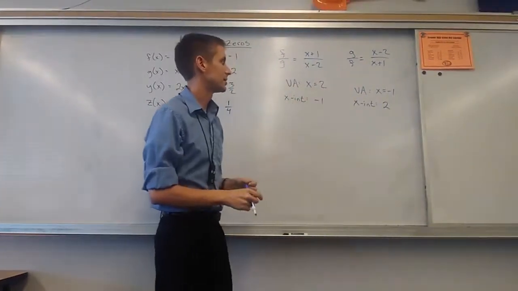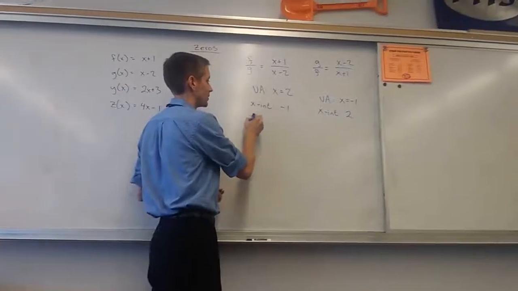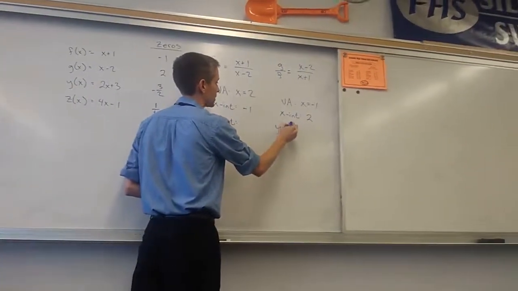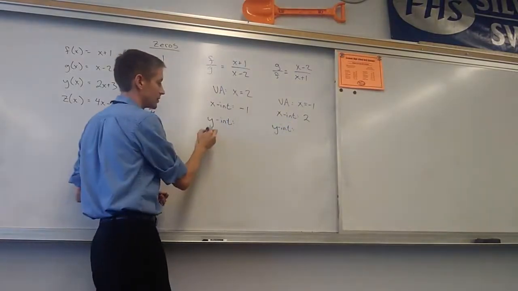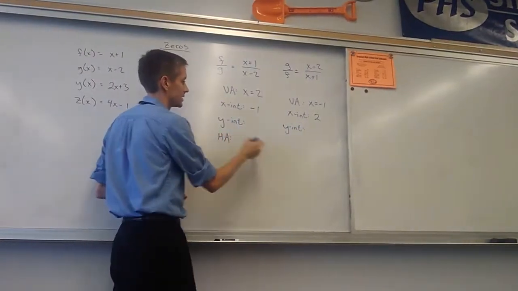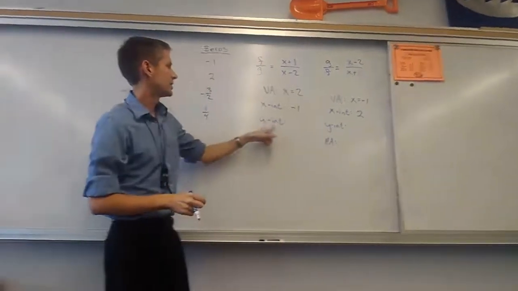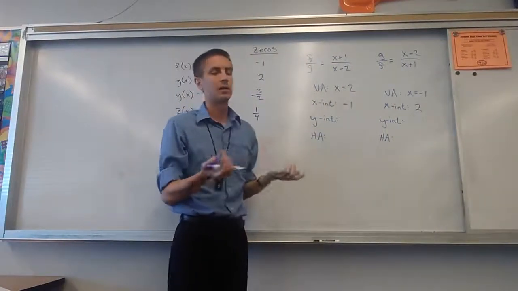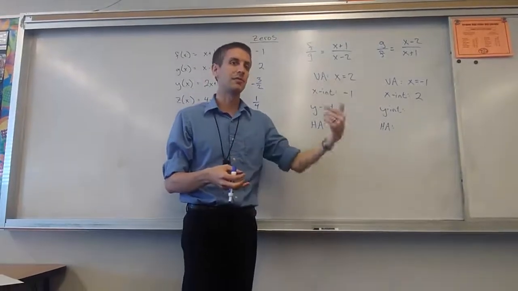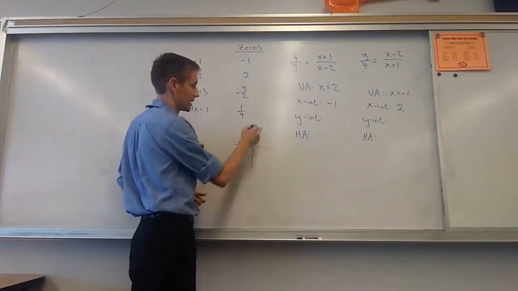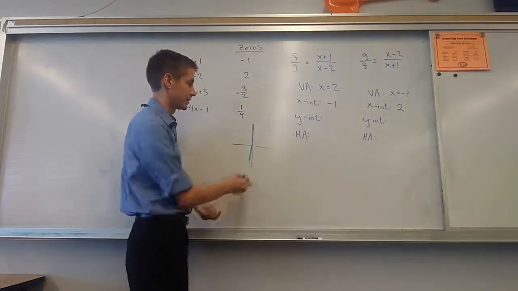Now, we don't want to just describe vertical asymptotes or just describe the x-intercepts. We also want to be able to figure out what is the y-intercept for each one of these, and we want to be able to identify what is the horizontal asymptote for each one of these. Now, for the y-intercept, anytime we're finding a y-intercept, we plug in a 0 for x. Because if we think about a graph, a y-intercept happens when we're on the y-axis, and that's where x equals 0.